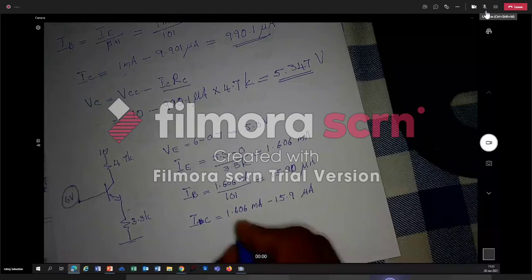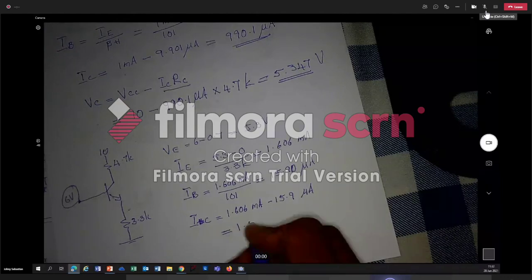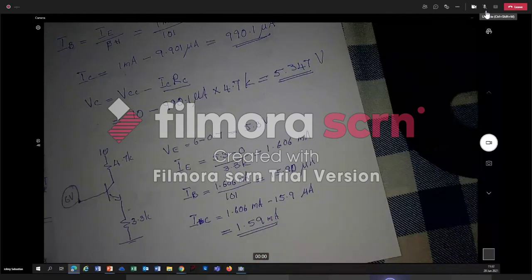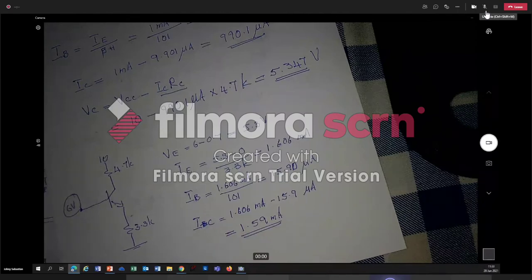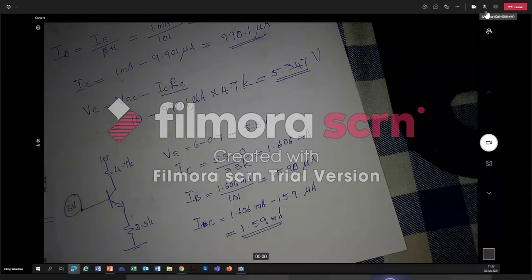So your collector current is supposed to be 1.59 milliampere. Let's try to work out voltage. We need voltage at all the nodes. Let's work out voltage at the collector.